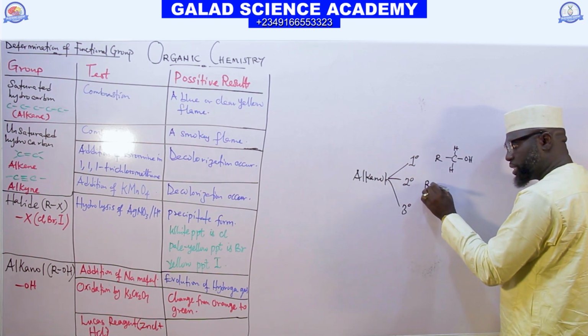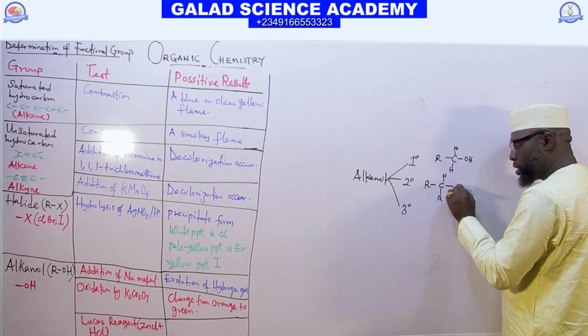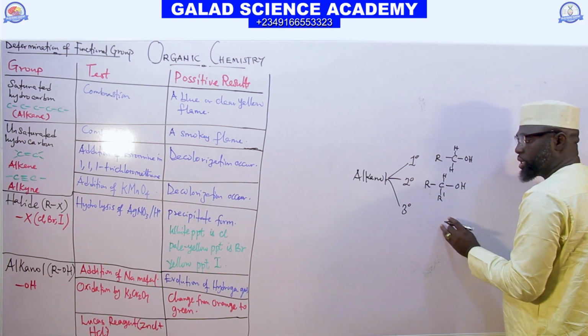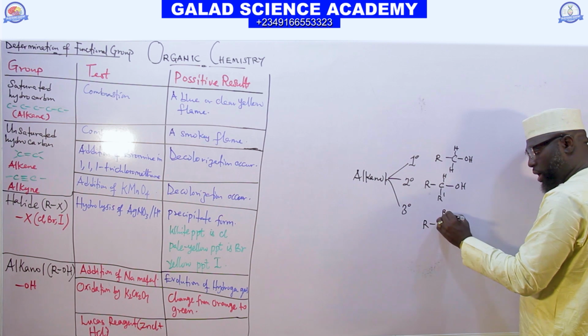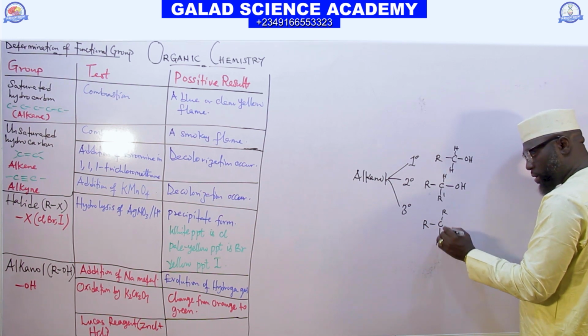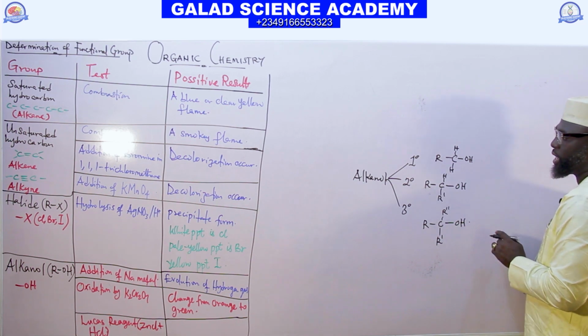For secondary, we have R, CH, R, OH. For tertiary, we have R, R, R, C, OH.